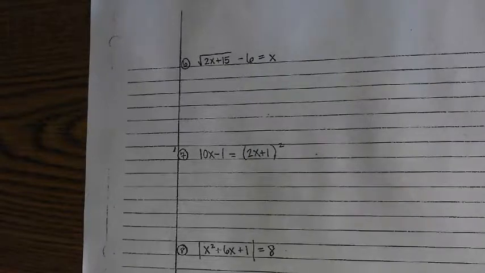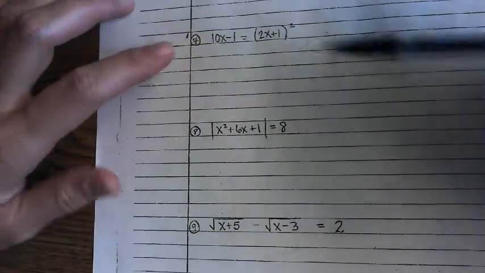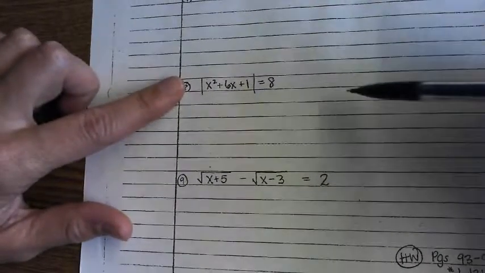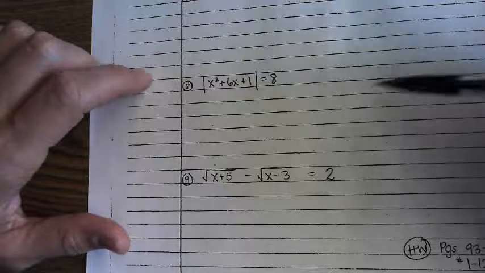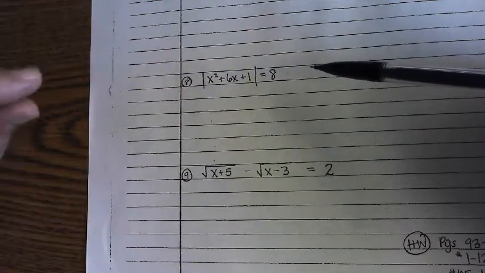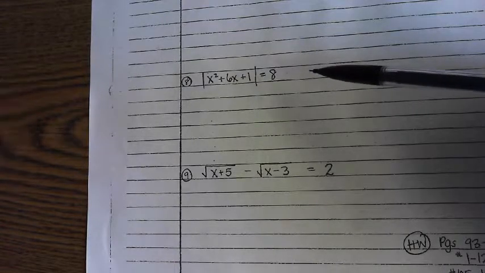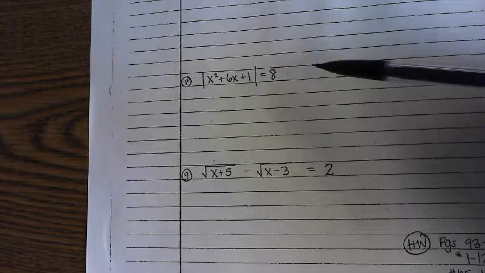Okay, radical equations should be a review. Let me see if this one's a quadratic equation, should be a review. Number 8 is another absolute value. I'm just jumping to the ones that I know I definitely want to get to. Number 8 is another absolute value equation, but it's a little bit trickier because there's a quadratic within that absolute value.